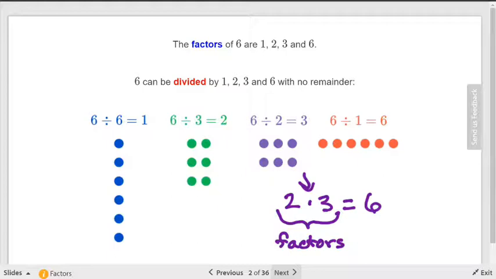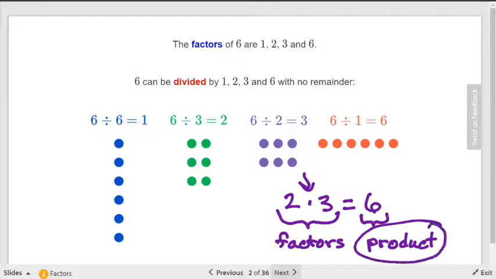Now the 6 is something called the product. You've heard that word before, right? The answer you get when you multiply is called a product. So when you're thinking about the factors of a number, that's every number that would multiply to give you that product.